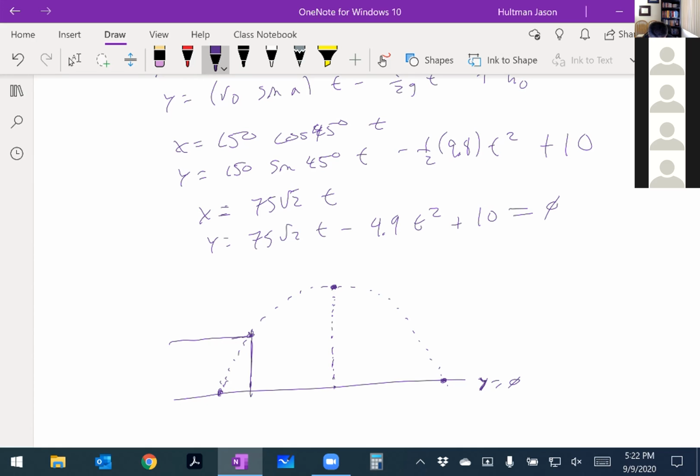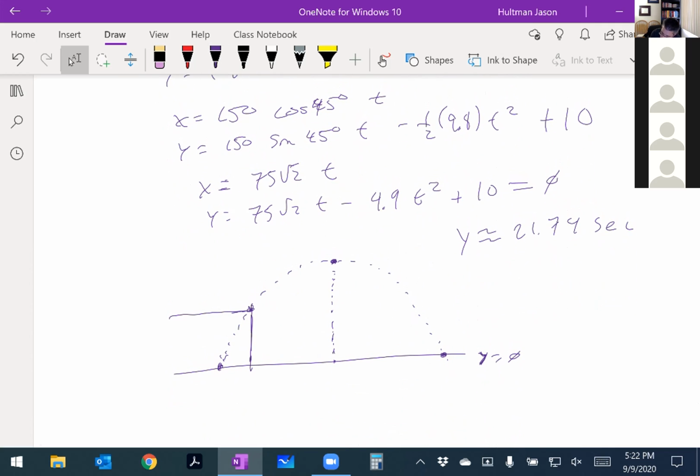You can just plug that into the quadratic formula, and after you do that, you get t to be approximately 21.74 seconds. That's the positive value. So how would I find out the distance that this went, or the x value?